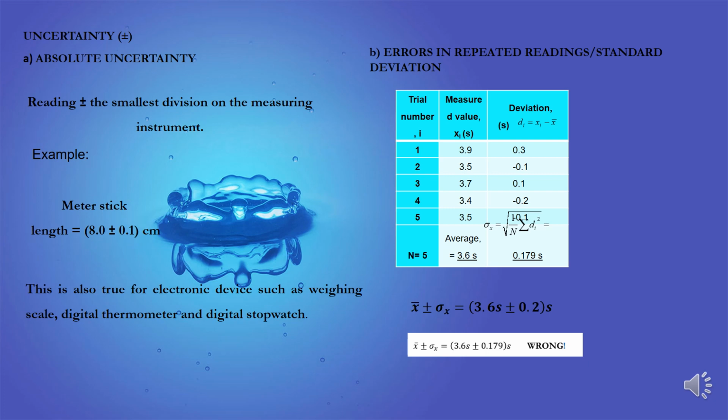So the final answer, you should write it as the average plus minus its uncertainty. And you must take into account that the uncertainty and the average should have the same decimal place. So you should refer to the decimal place of the average, followed by the decimal place of the deviation. These two must have the same decimal place.